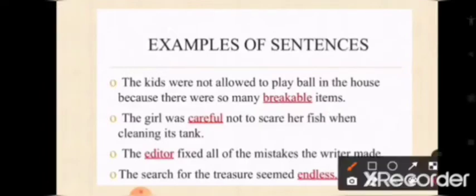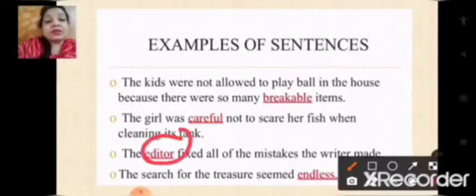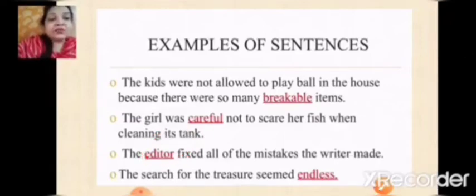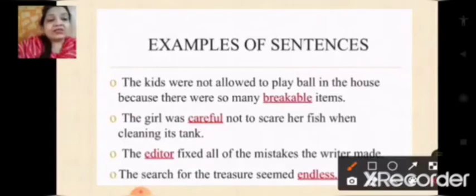So we are using editor over here. This is again the example which we did in the previous slide. Next one is, the search for the treasure seemed endless. Yes, endless. These are the words which we are using as suffixes, something that we add at the end of the word.